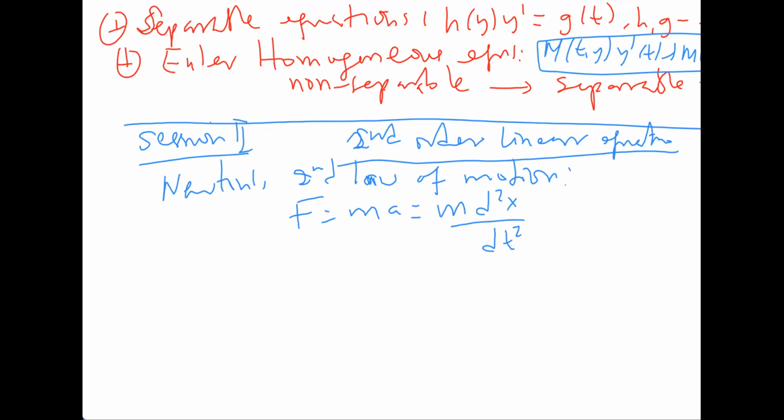Which becomes the acceleration. So this is why we said this is the second order linear equation, because the highest order here is s. But in general, a definition for a second order linear equation is given by y'' plus a1(t) y' plus a0(t) y equal to b(t).